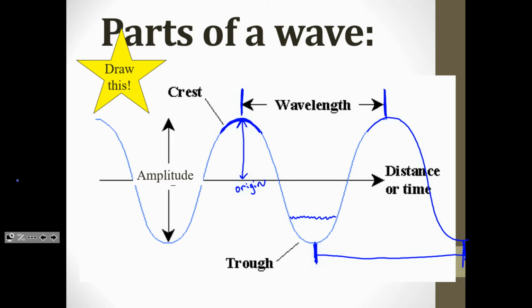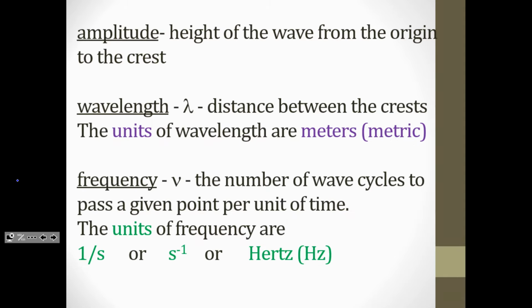The lesser amount of waves would be a lower frequency. So amplitude is the height of the wave from the origin to the crest. So if I have the origin, I have a wave, it would be the origin to the crest, or you can actually do trough to crest. Wavelength is the distance between the crests or troughs.